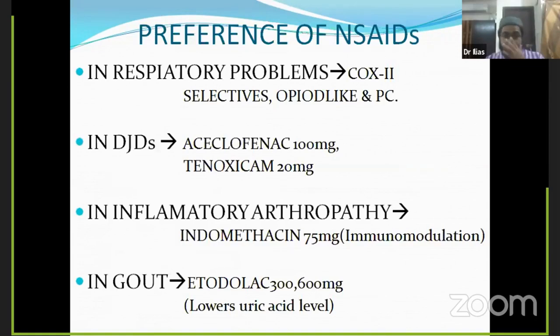In that case, the COX-2 selective NSAIDs can be prescribed, or opioid-like analgesics, or even the paracetamol can be prescribed to the patient. Okay, because the COX-1 and COX-2 non-selective NSAID will interrupt the bronchodilating prostaglandin formation, but the COX-2 selective NSAID won't have this kind of effect on the bronchus. So this can be prescribed for the chronic COPD or the chronic bronchial asthma patient.